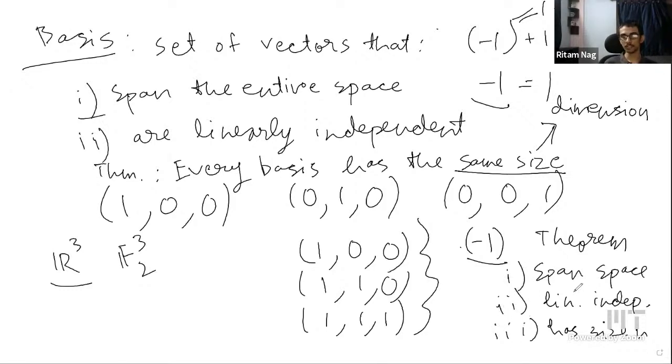So if you choose any n vectors which span the entire space, they are guaranteed to be linearly independent. Or if you choose n vectors which are linearly independent, then they are guaranteed to span the entire space. Or if you choose vectors which span the entire space and are linearly independent, then they are guaranteed to have size n. You can sort of intuitively feel why this is true.